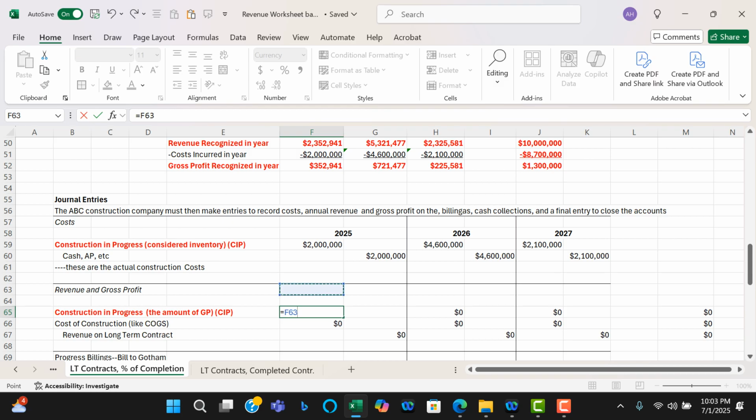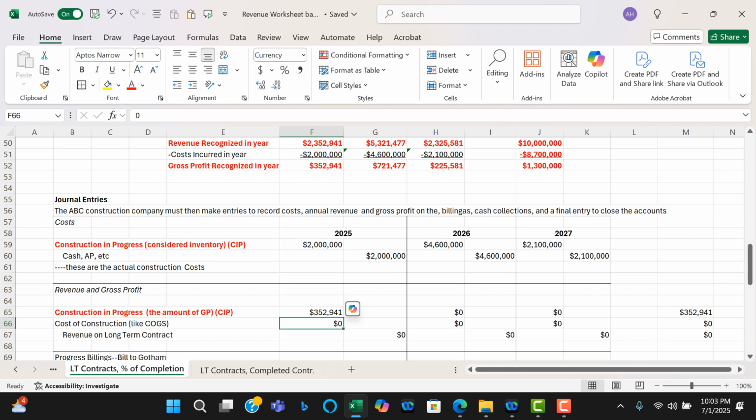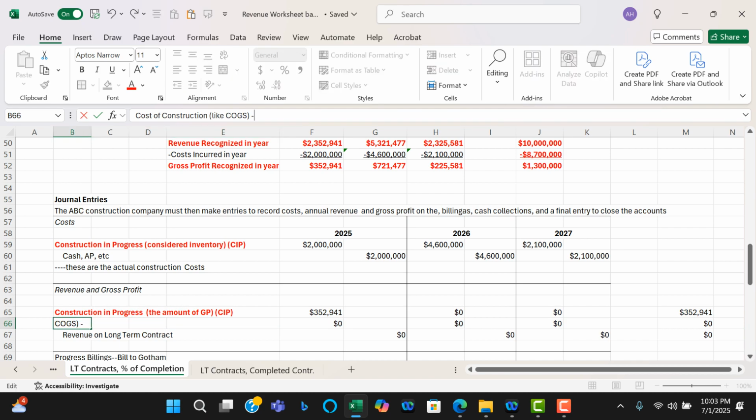Anyway, so we're going to go ahead and debit this gross profit of $352,941. Now, these next two accounts are income statement accounts. This goes on your income statement. It's a cost account, like cost of goods sold. I'll show you at the end. This is what I'm adding to what the book does.